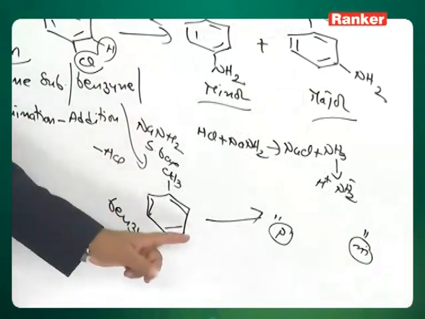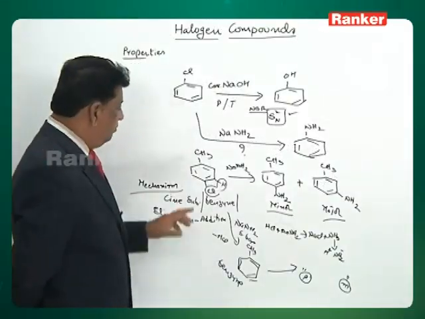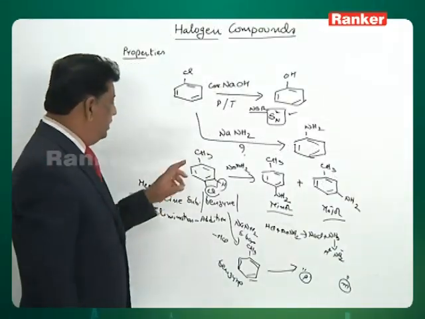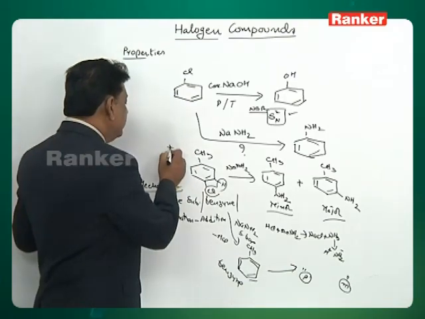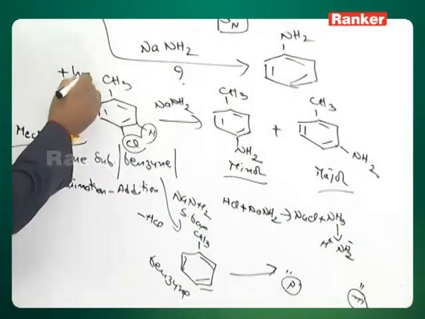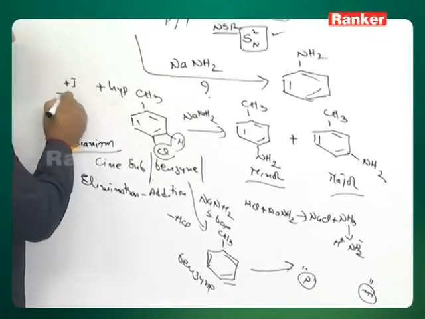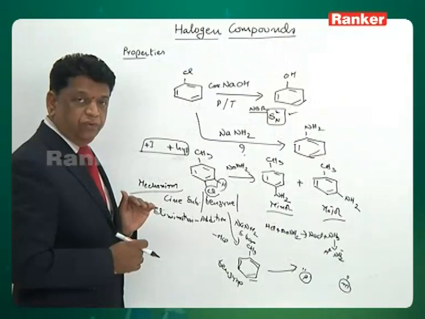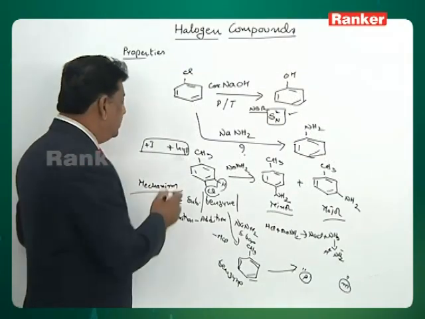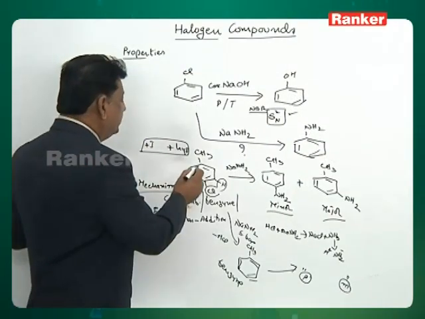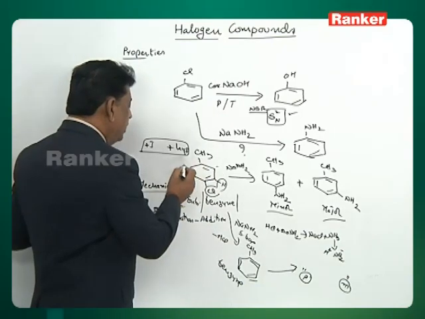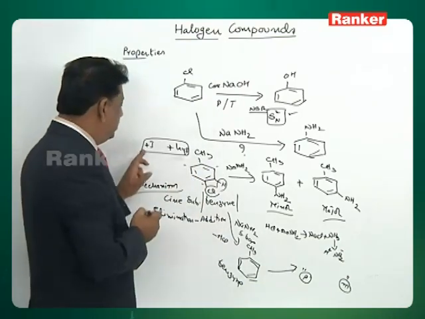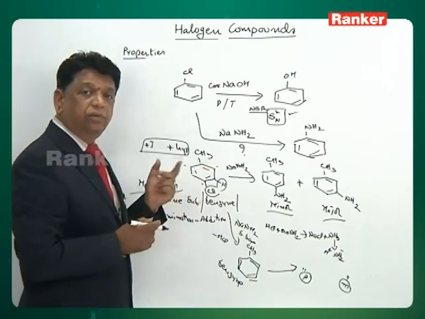Now why only meta comes as major? We have seen that the methyl group is a plus hyperconjugation and plus inductive effect showing group. So with reference to electrophilic substitution, in toluene, whenever the CH3 is there, at ortho and at para, because of these two effects, negative charge will be increased.